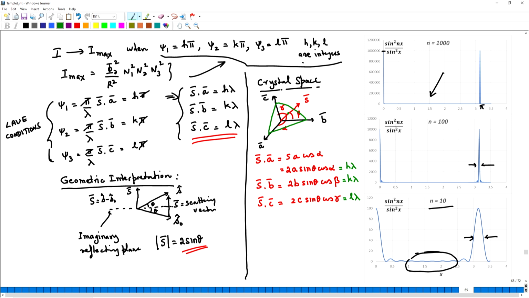Since we are drawing in crystal space, I can always define this plane with Miller indices HKL, which means that it will intersect the A axis at A by H, the B axis at B by K, and the C axis at C by L.